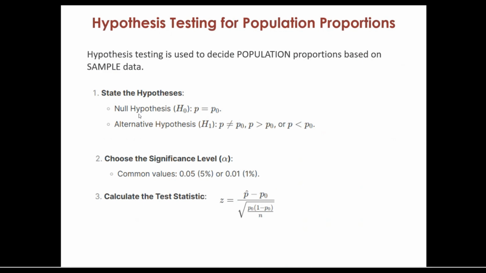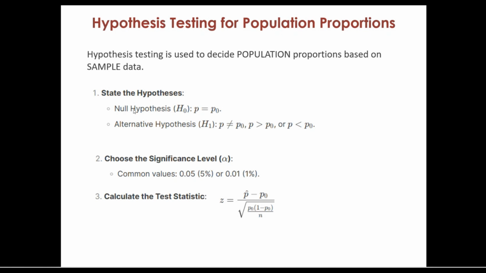Before I start with the examples' answers, if you notice, whether you're doing means, proportion, or a non-parametric test later on today, you always follow the same steps. First, you state the hypothesis. The most important one is the null hypothesis. The null hypothesis always says no difference.